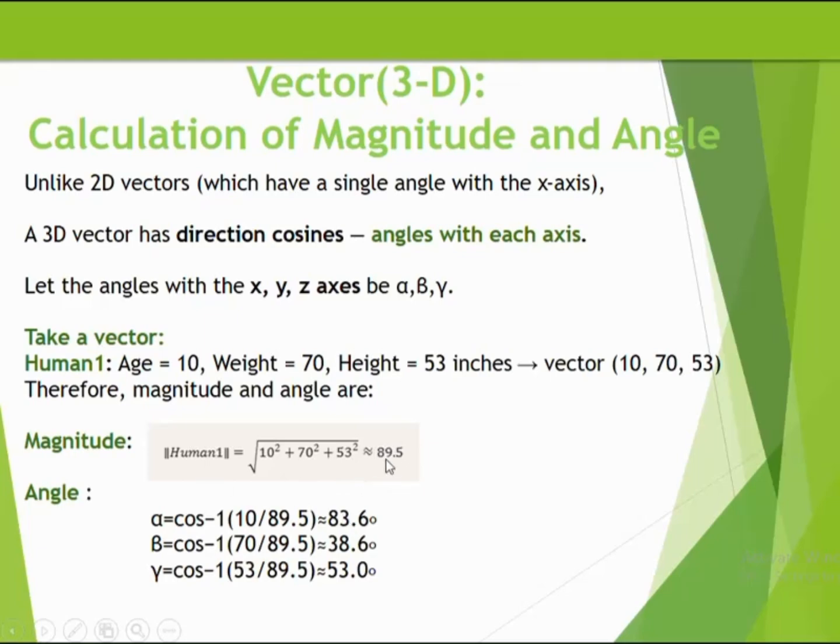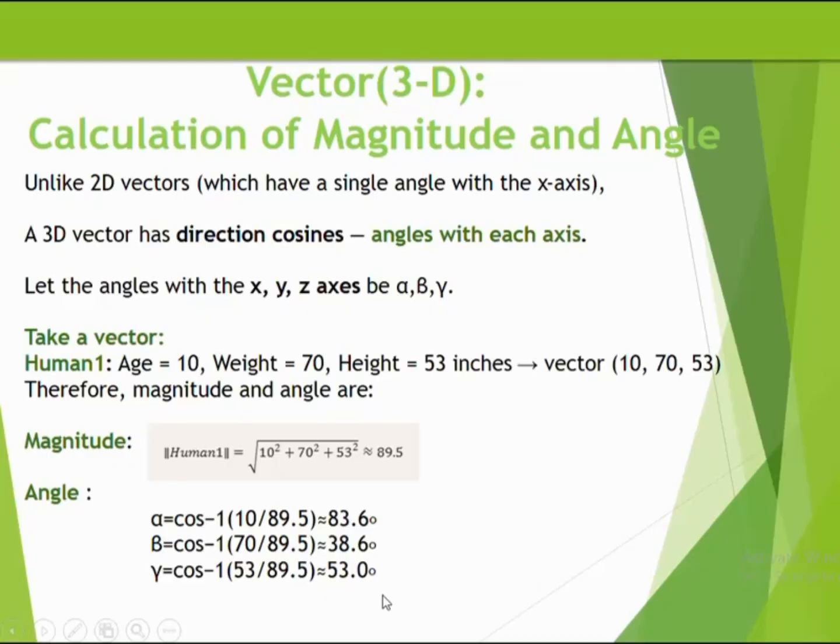So this is the magnitude of the vector. And the angle is the cosine inverse of each feature divided by the magnitude. Therefore, the angle the vector makes with each axis is different, which is 83.6, 38.6, and 53.0.